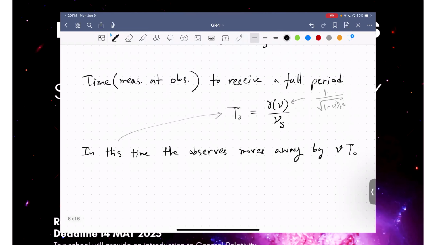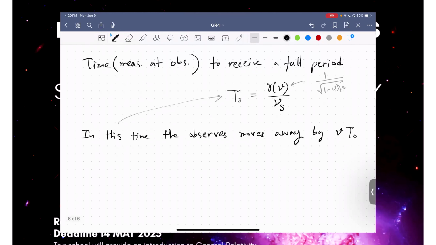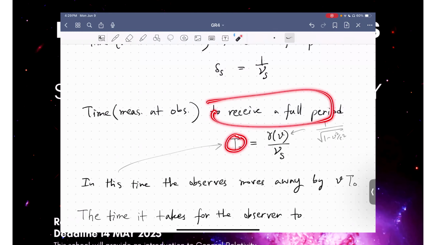So delta zero was what I wrote here, but by this T0 I will mean something slightly different.